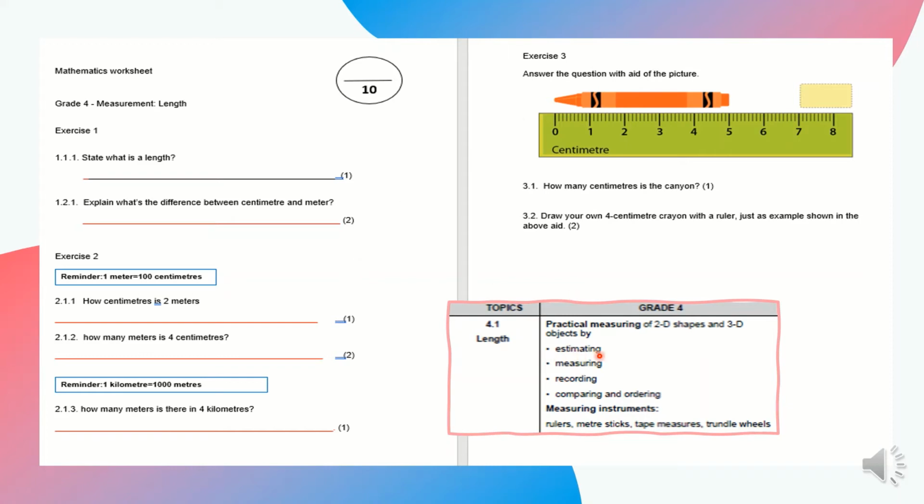For length: estimating, measuring, recording, comparing, using rulers, they are here. While we have really asked the child for the most basic understanding of the concepts, and 1 meter, we've reminded the child of the content practically.